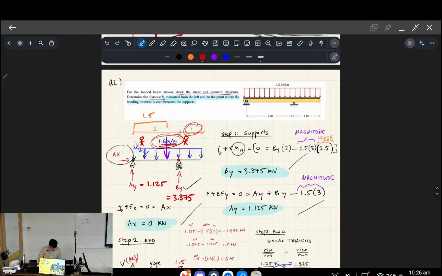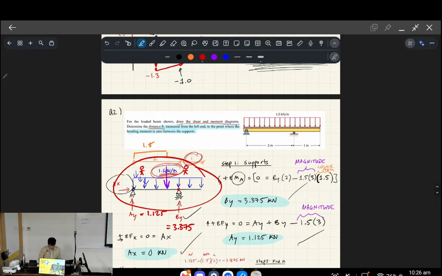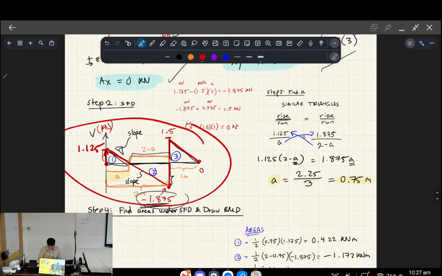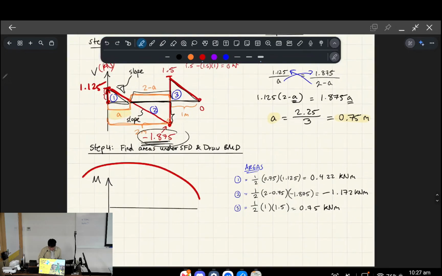Okay. Here we've got uniformly distributed loads on our free body diagram, and therefore we have linearly decreasing shear force, and what you'll find is we actually are going to have a parabolic bending moment, internal bending moment, okay?